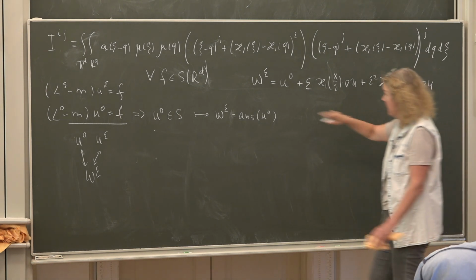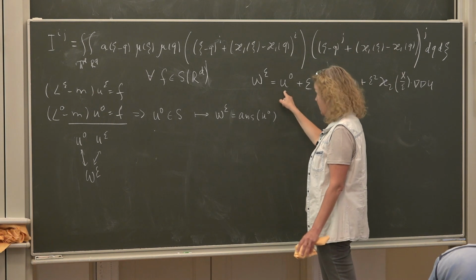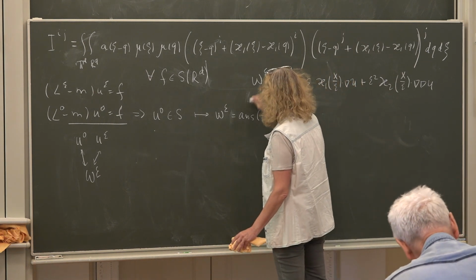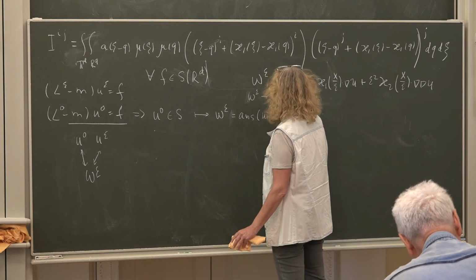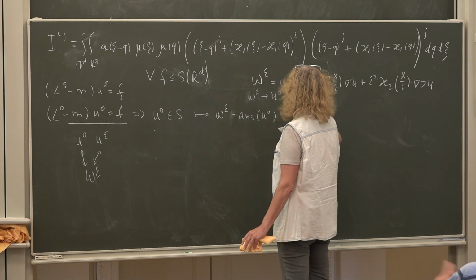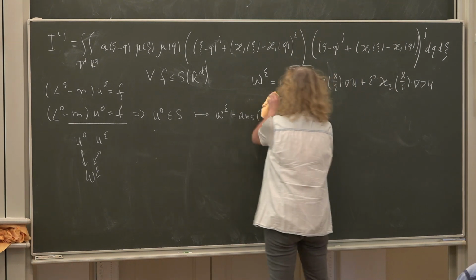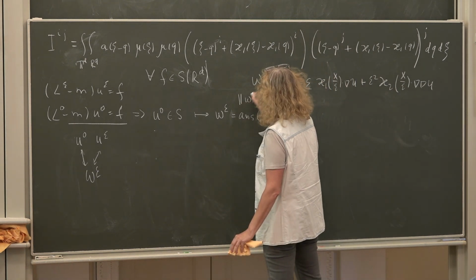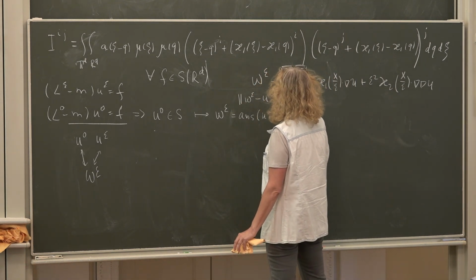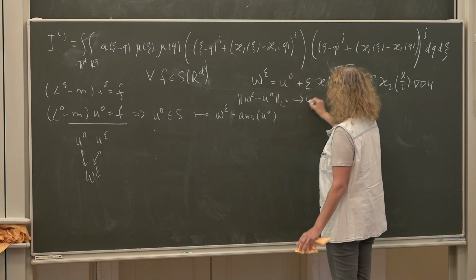So you can see that these functions are of course close. It means that v epsilon tends to u0 when epsilon tends to 0 in the norm of L2. Maybe I write it here this way: v epsilon minus u0 in L2 tends to 0.